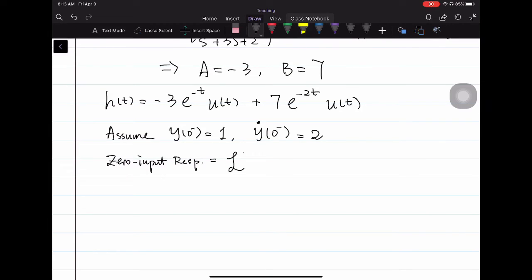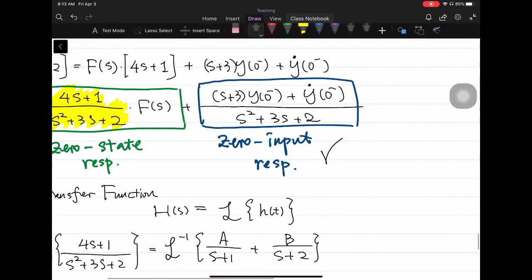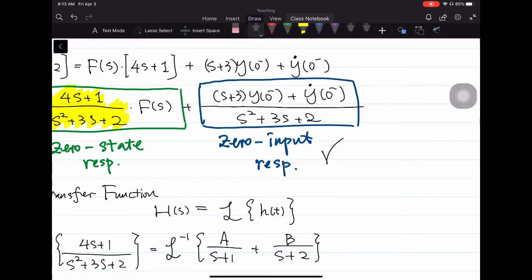So the zero input response is the inverse Laplace transform of, going back to the equation in the blue box, s plus 3 times the initial condition of y plus the initial condition of y dot.